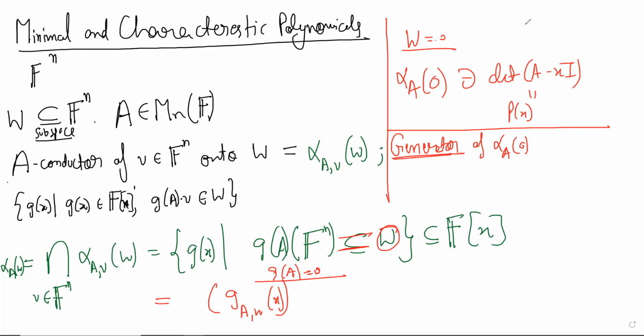The generator of this is called the minimal polynomial of A. As I said, this is basically the polynomial of least degree that is present in the ideal. There will be a unique such thing.